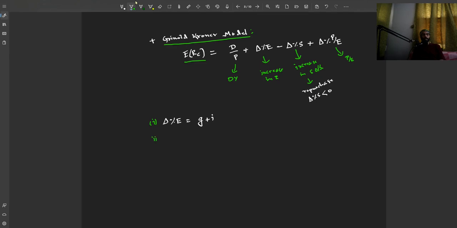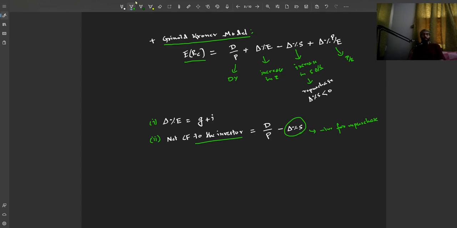Number two is net cash flow to the investor. Net cash flow to the investor is equal to the dividend yield D/P minus the change in shares outstanding in percentage terms. Now obviously this value is negative during repurchase, which implies the cash flow to the investor increases when there is a repurchase.